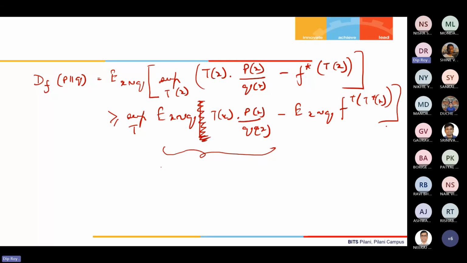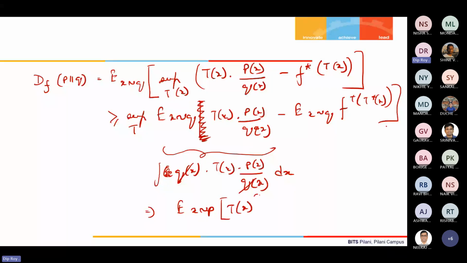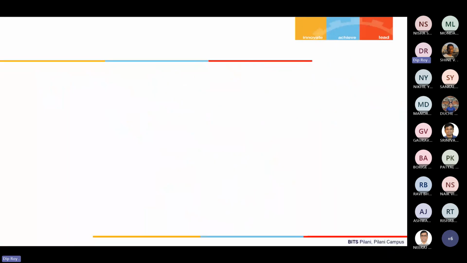I can easily write it as the integral of q of x into t of x into p of x by q of x dx. This and this cancel. And now you can see that this is an expectation of x over p, and this is essentially t of x. So this simplifies now. And finally, the equation becomes like this.